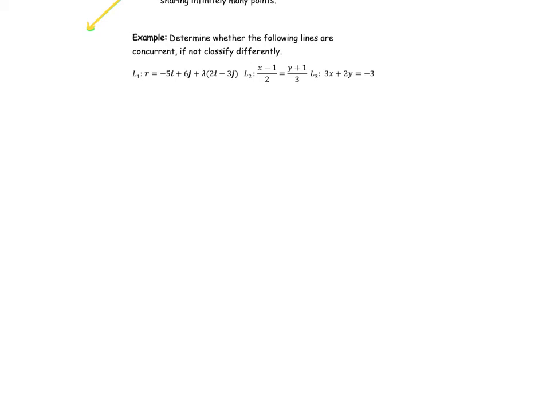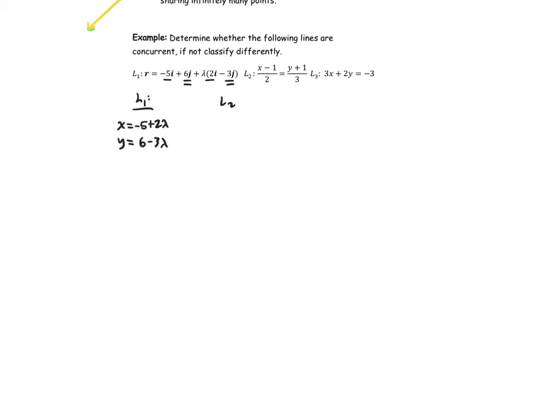So let's take a look at L1. I'm going to write L1 in parametric form. I see x is -5 + 2 lambda. That's my x value. My y would be 6 minus 3 lambda.